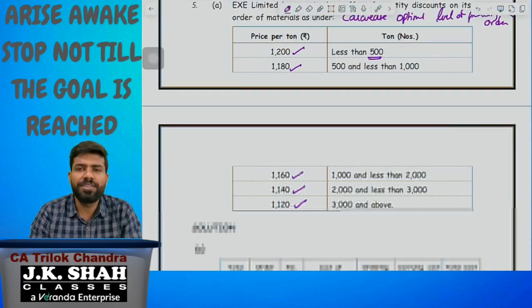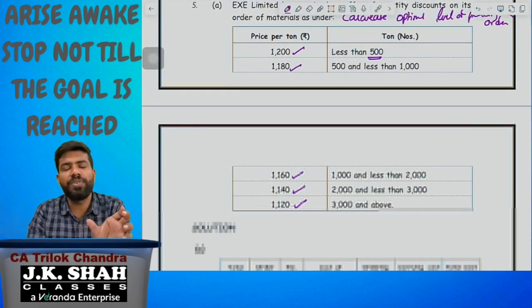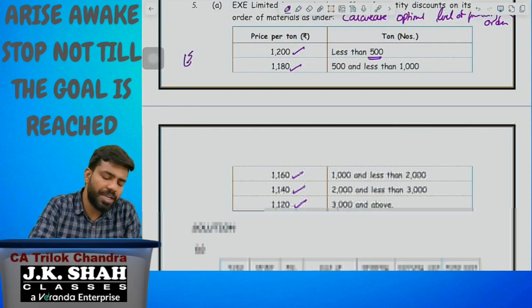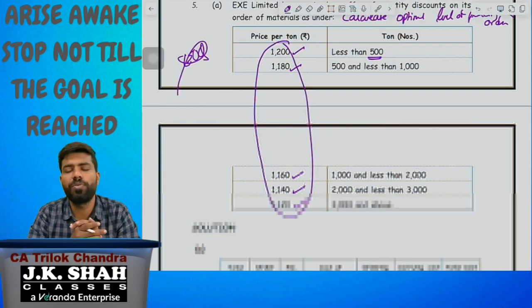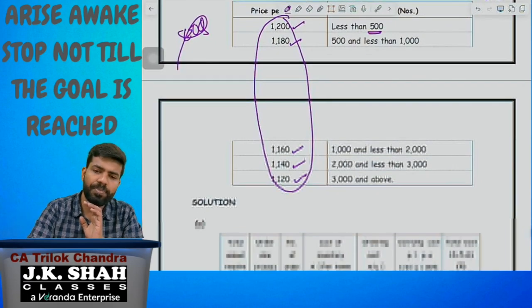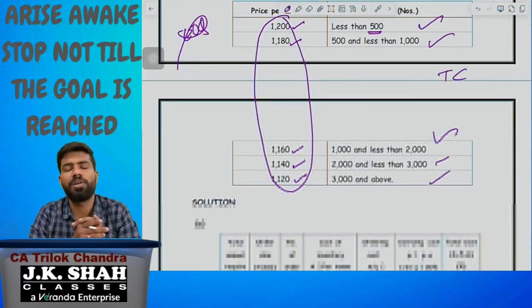So here we need to fix at which stock level we need to place the order. First of all, we cannot consider the EOQ because there are price discounts. So we cannot apply the concept of EOQ. Then how to answer this? At all the stock levels, we need to calculate the total cost.